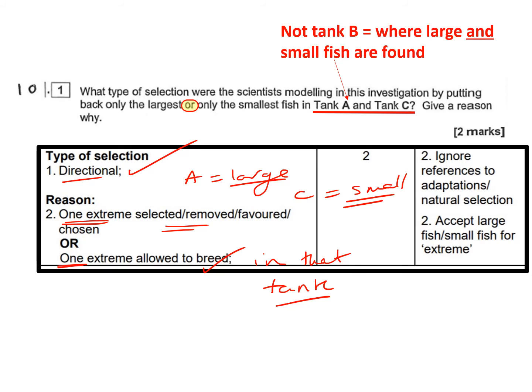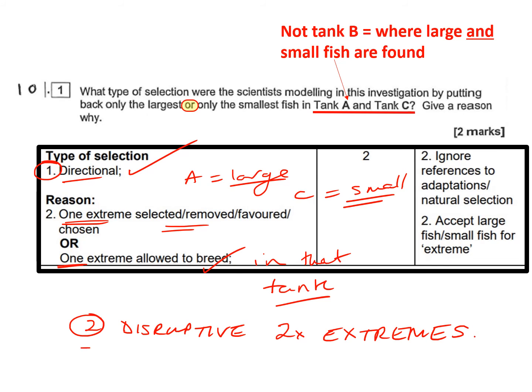Okay. Now, just for you guys then, this is directional selection. The other two types of selection that you must learn are disruptive selection. Okay, and that's where two extremes are selected for, within the same population. And then you've got stabilizing selection, where the mean or the average phenotype is actually selected for.